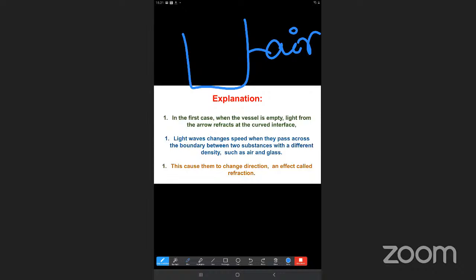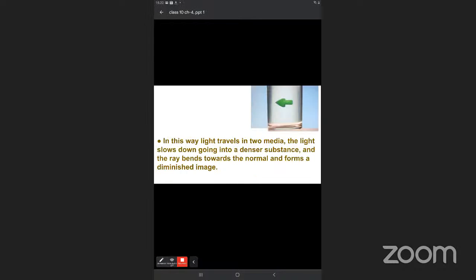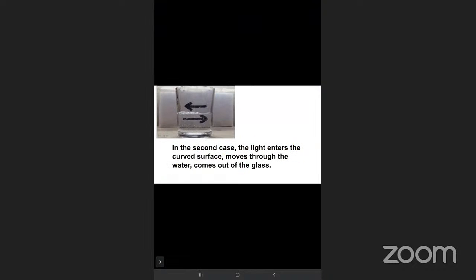In the second case, light enters the curved surface. Now here we have three media: air, glass and water. The light enters a curved surface, moves through the glass, moves through the water and comes out of the glass.